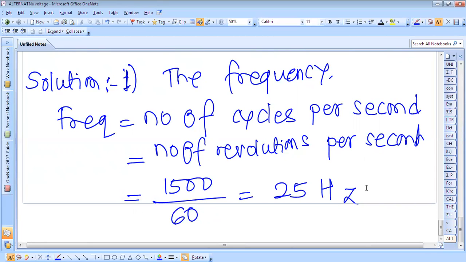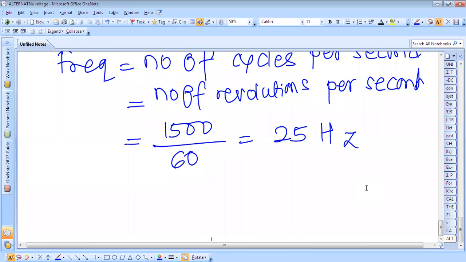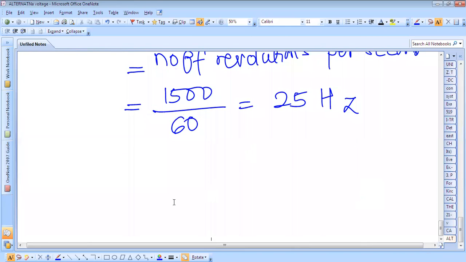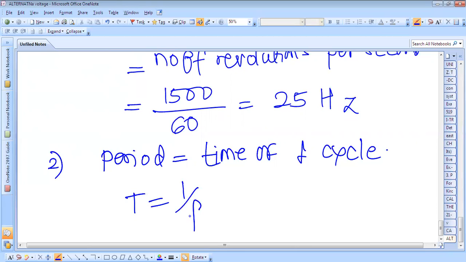The number of revolutions given is 1500 divided by 60, that is per second. So it is 25 hertz. Next, second is the period. What is the period? That is the time of one cycle. So the period is equal to 1 over frequency. We have calculated the frequency, so it is 0.04 second.